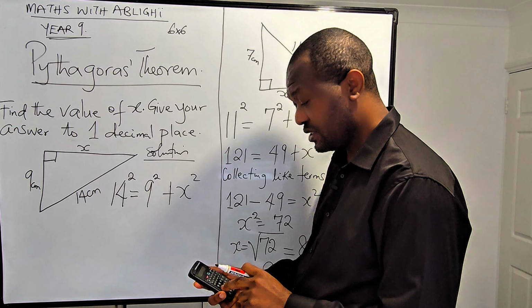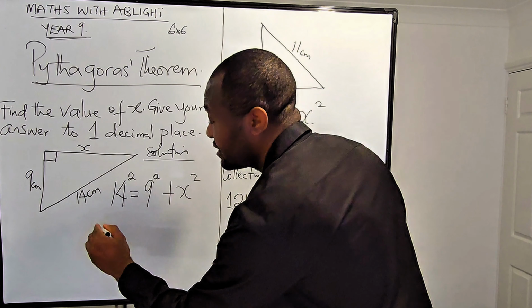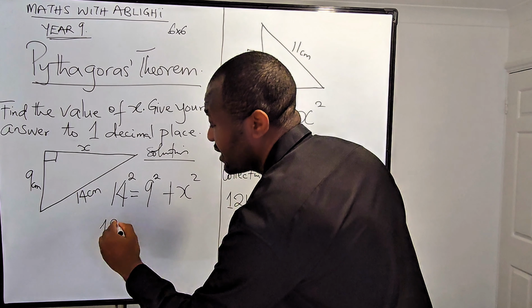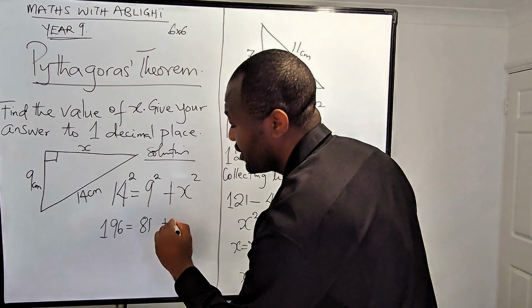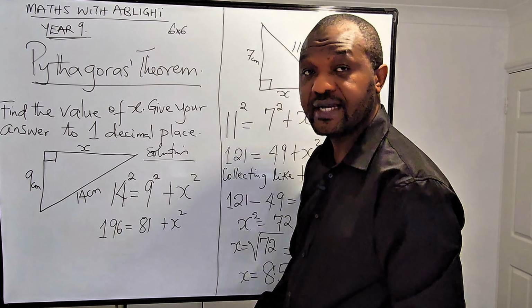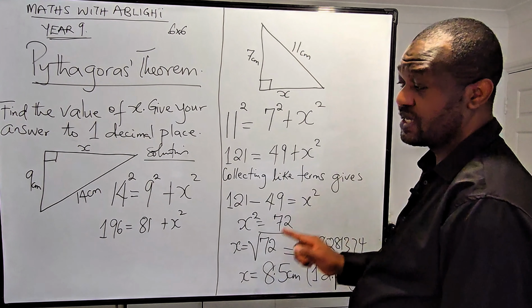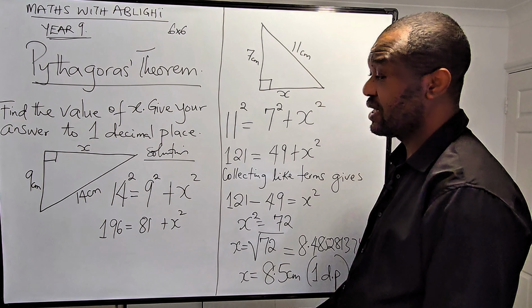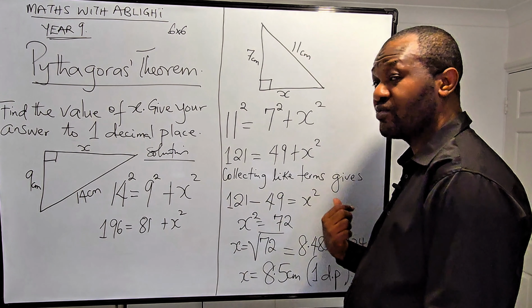Again, you take your calculator, 14 times 14 is 196. 196 is equal to 81 plus x squared. You collect like terms. Like I told you in the other one, collecting like terms jives, but I don't have space here, so I won't be writing that. But in an ideal examination situation, you can write this.